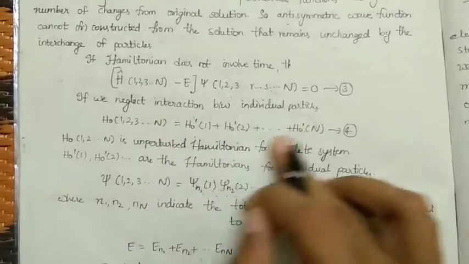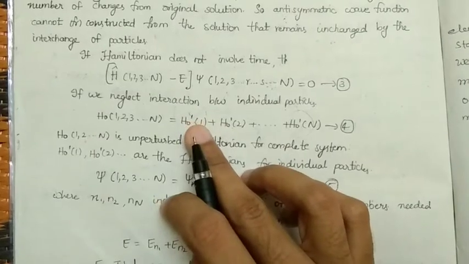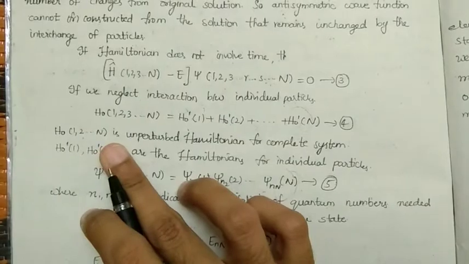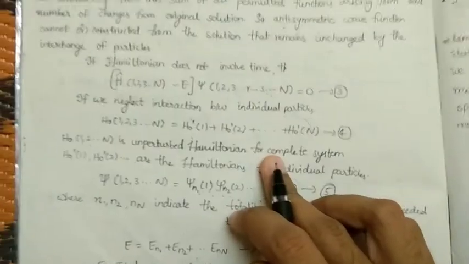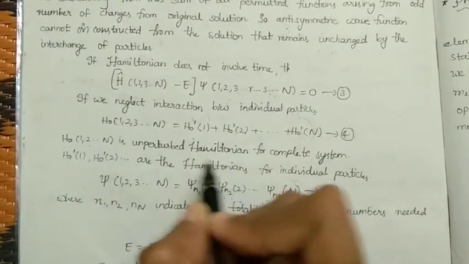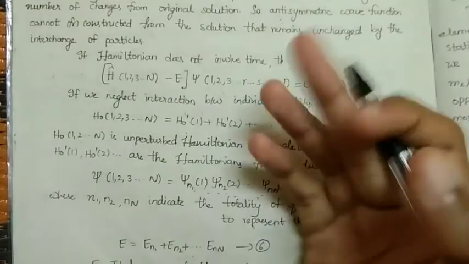So the Hamiltonians of the n particles would be added up. H naught of 1, 2, and so on up to n is the unperturbed Hamiltonian for the complete system. This is the undisturbed Hamiltonian, because we are neglecting the effects of interaction between the particles.